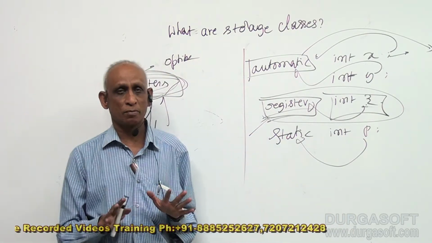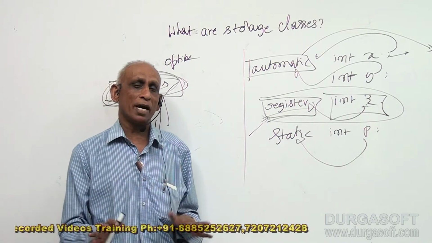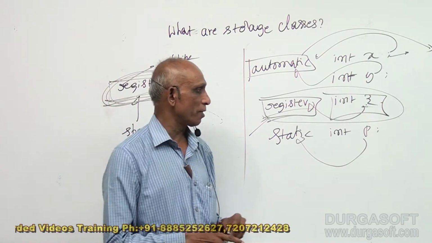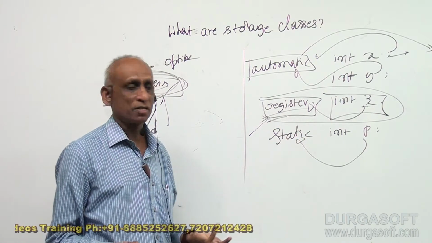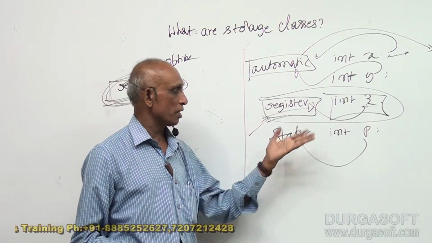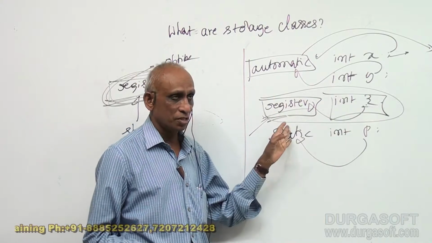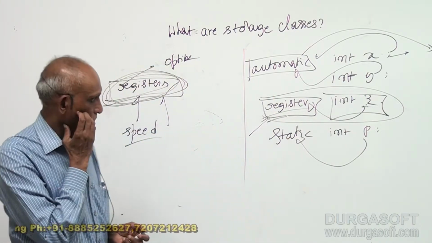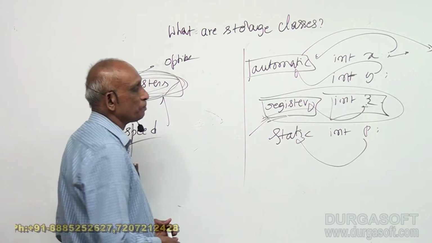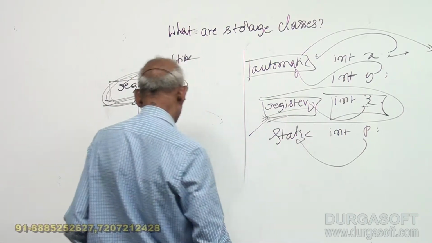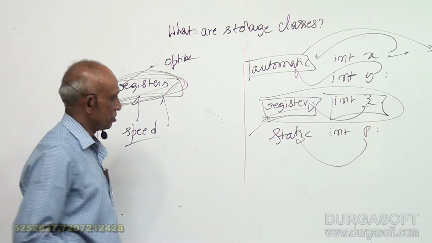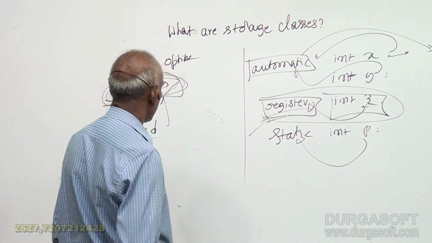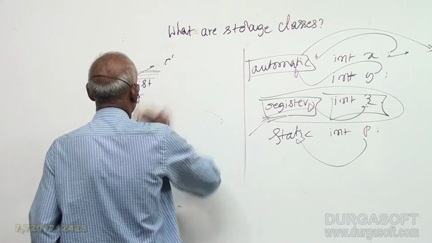If all the registers available for register variables are allocated, then there are no more registers left. Then even if you declare a variable as register, the compiler cannot do anything. So register is only optional, not compulsory. The compiler may reject or accept it. So that is what a register variable is.